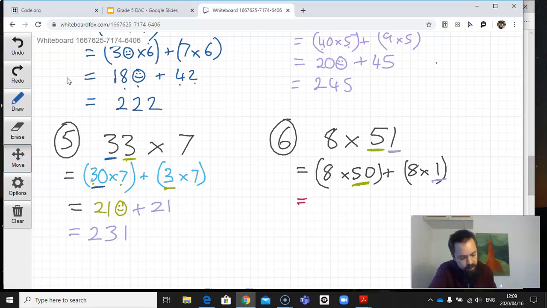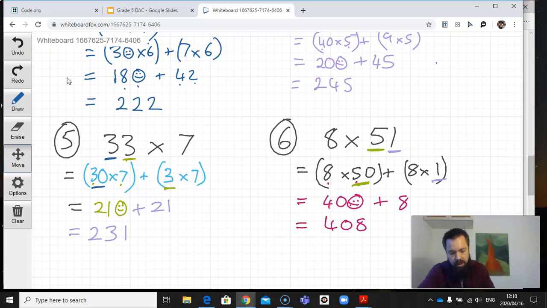So once again, using my sneaky naught from over there, I say 5 times 8, or 8 times 5, is 40. So the answer to 8 times 50 is 400. Plus 8 times 1 is 8. No prizes for 408 because 8 plus 400 is very easy to do.